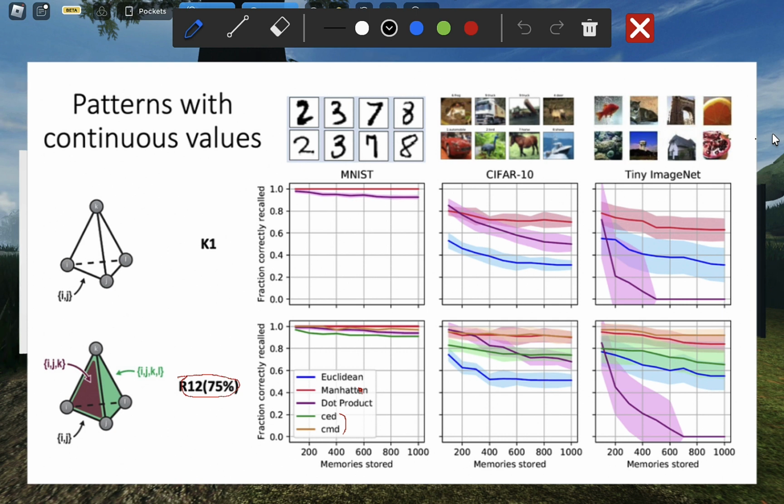So for example, in ImageNet, I'm paying attention to the pinkish red line in both cases, and noting that it's very high in the bottom row with simplices and has a similar trajectory, but always, even at 1000, the R12 model is doing better than K1 at 200, right?